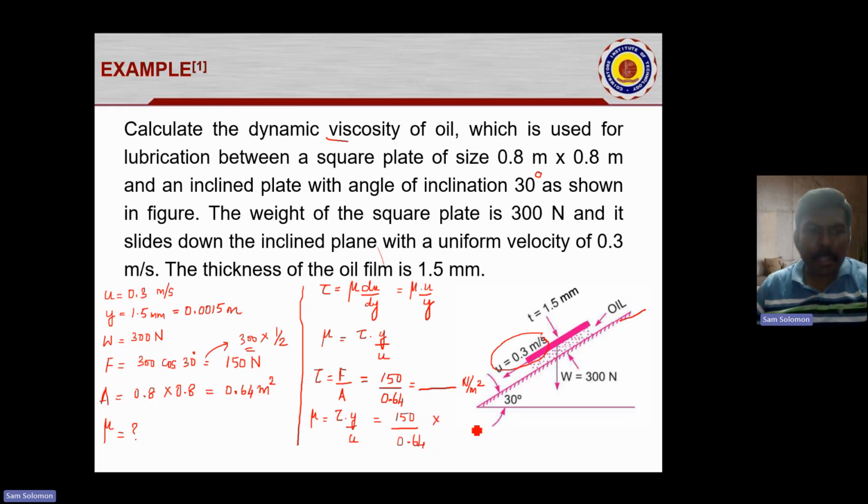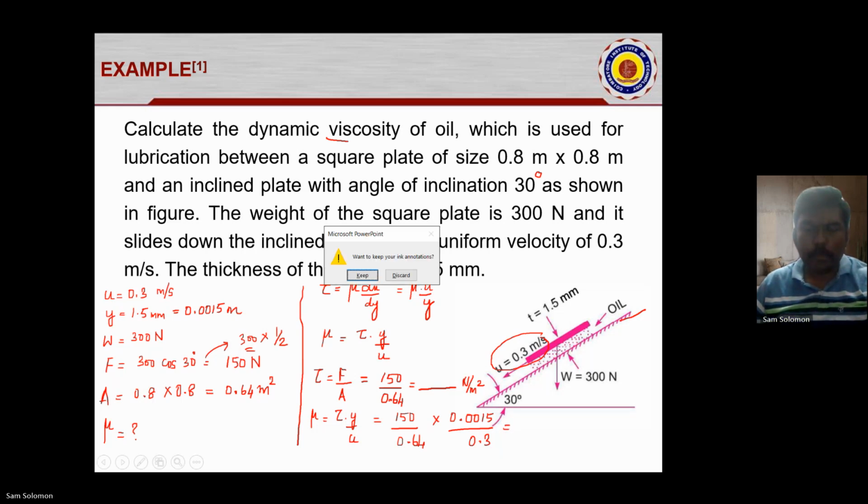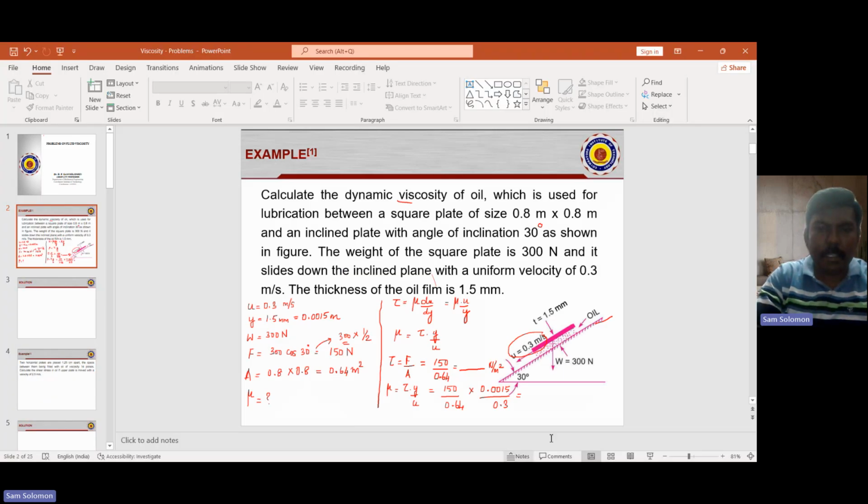The value of y is 0.0015. And the value of velocity is 0.3. So let me use the calculator over here. That is 150 into 0.0015 divided by 0.64 divided by 0.3.